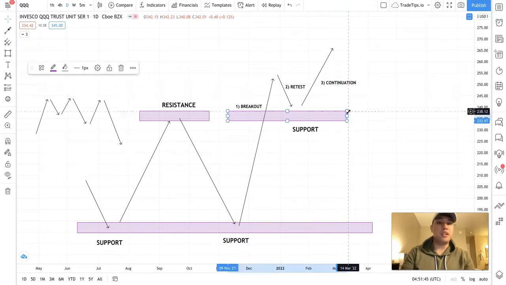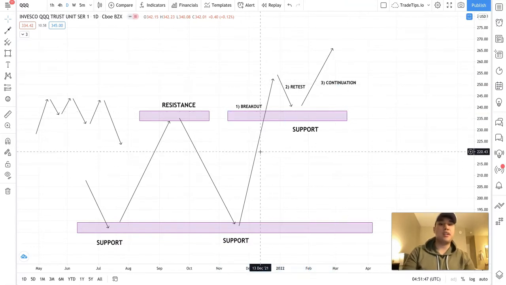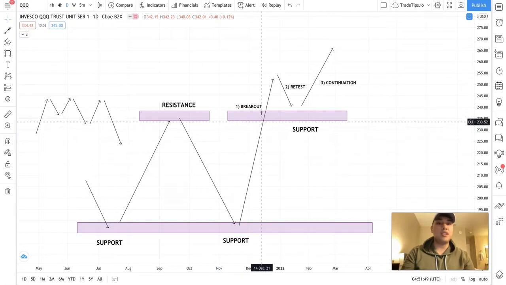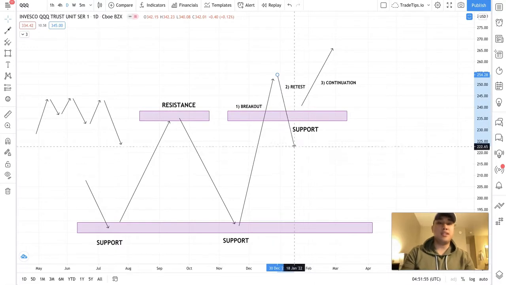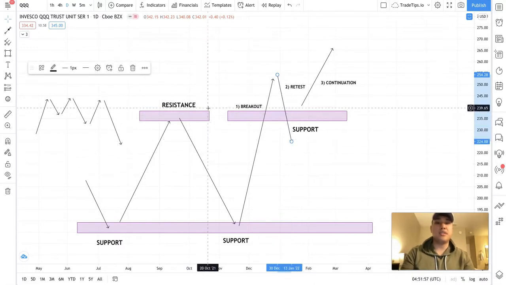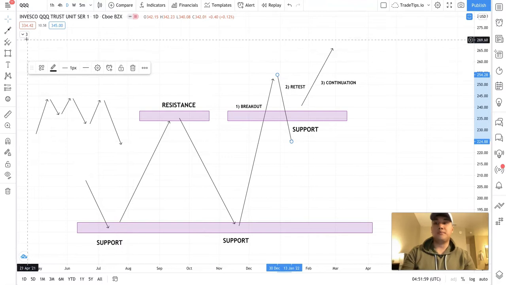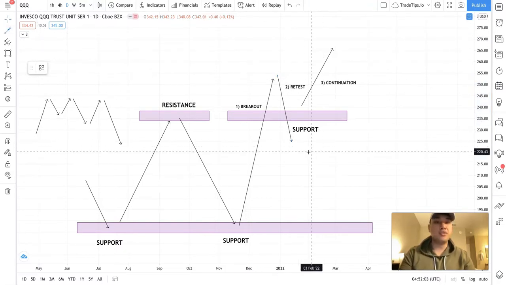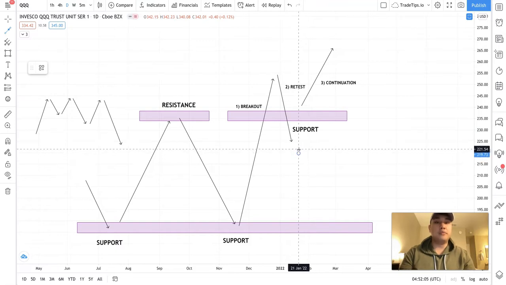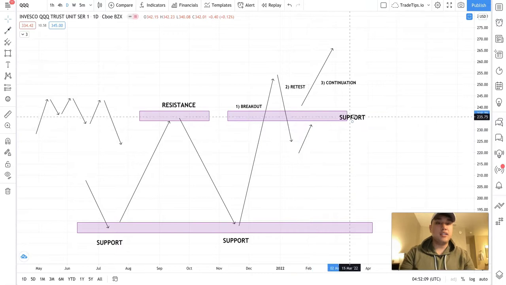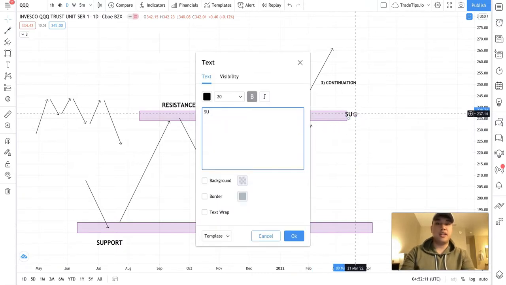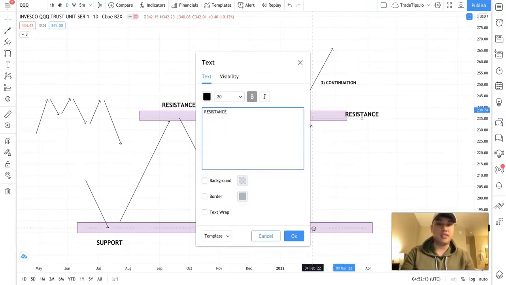Just to reiterate, if we see a breakout, I want to see price break out, do a retest, and hold that support. If it ends up breaking down again and that resistance ends up rejecting the price, usually we call that a false breakout, and when that happens, this support acts again as a new resistance.